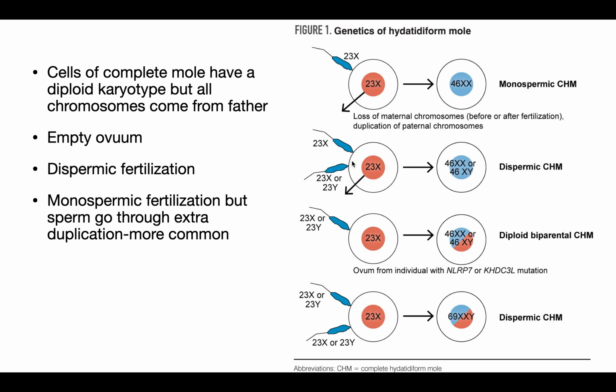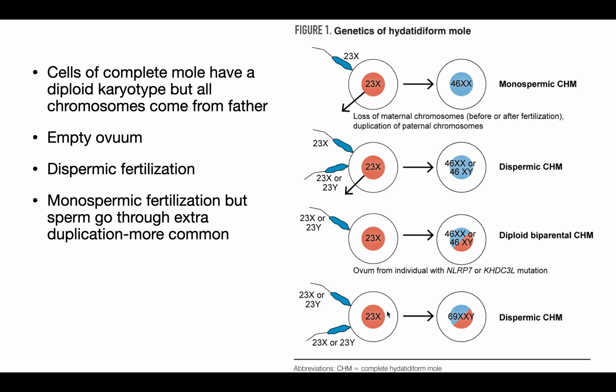Here's the dispermic, which means two sperm. Two of those sperm are going to fertilize either an empty ovum, or one of the sperm will displace the maternal genetic information. This can happen when there's a diploid biparental chromosome set. A translocation can happen and then cause this.